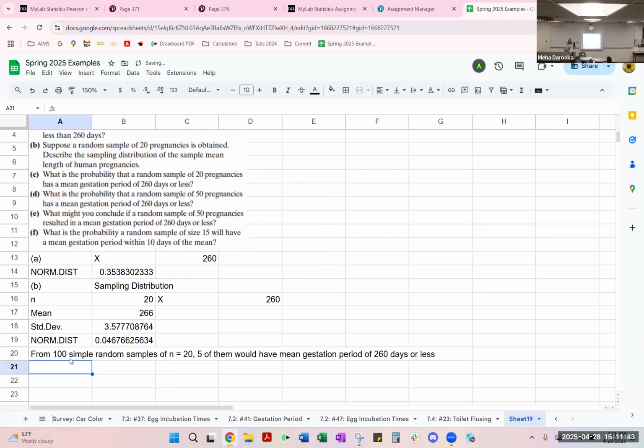Because remember, now we're not talking about one single random sample, right? One single human person is not what we're talking about. We're saying if we picked hundreds of these random samples where there were 20 people in each random sample, out of those 100 samples, 5 of the samples might have a gestation period of 260 or less.